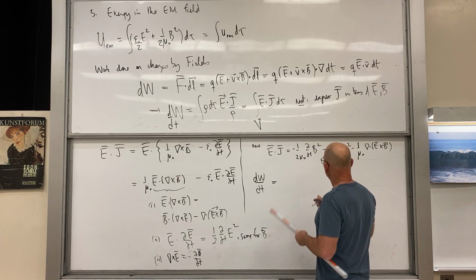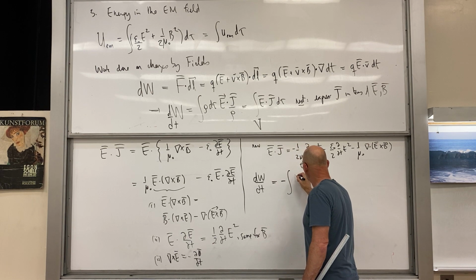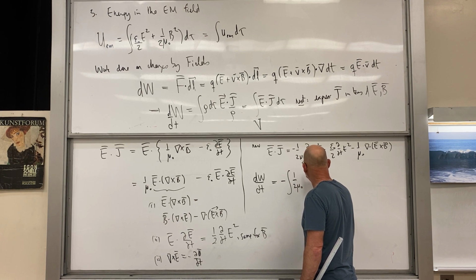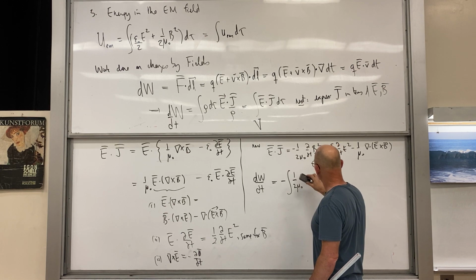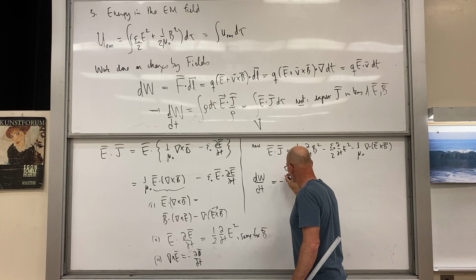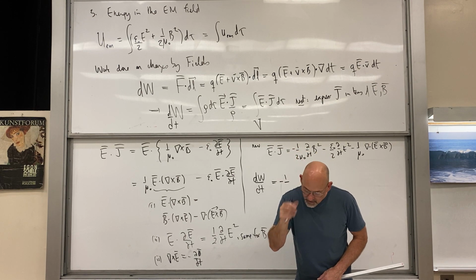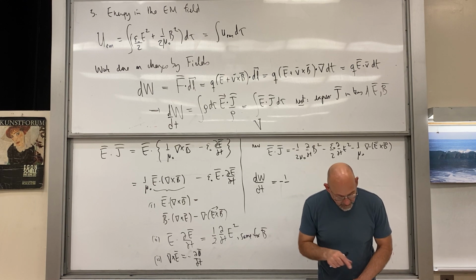We've got the minus sign, so we can actually pull the minus sign out, integral 1 over 2 μ naught. In fact, we can pull out the time derivative already.